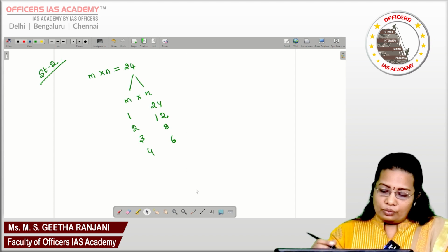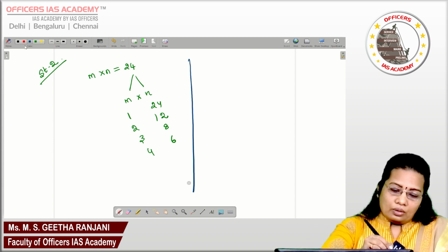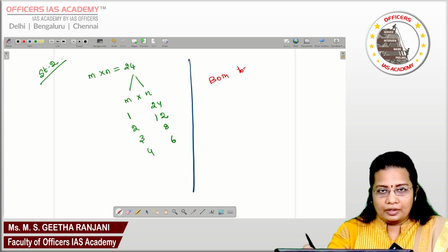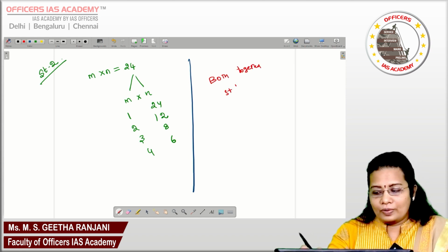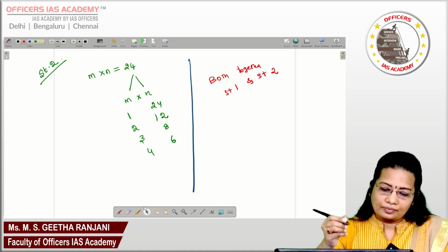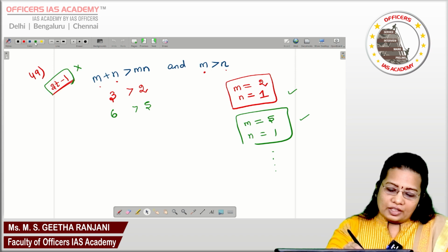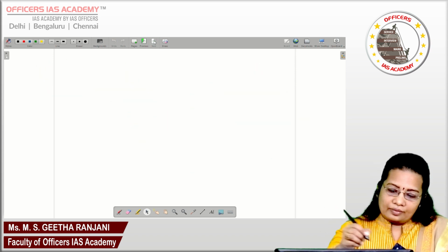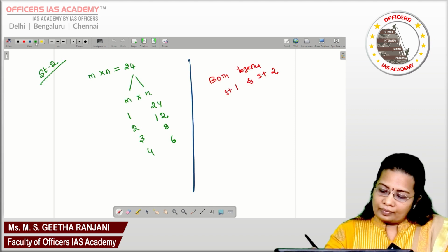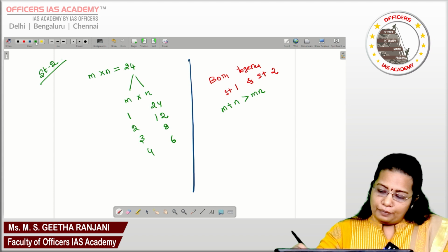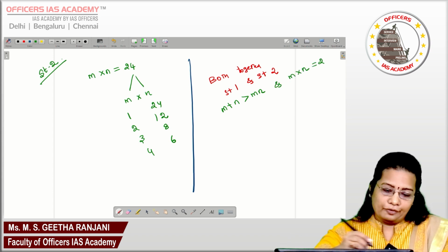Now let's do the testing of both together, taking statement number 1 as well as statement number 2. Statement 1 says m plus n is greater than mn. Statement 2 says m into n gives the result 24.